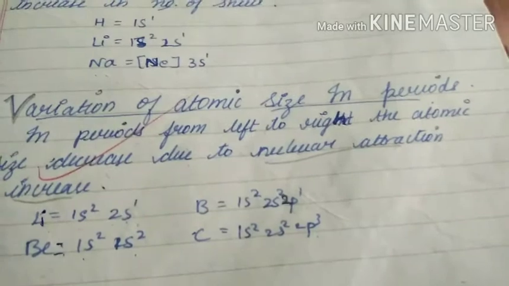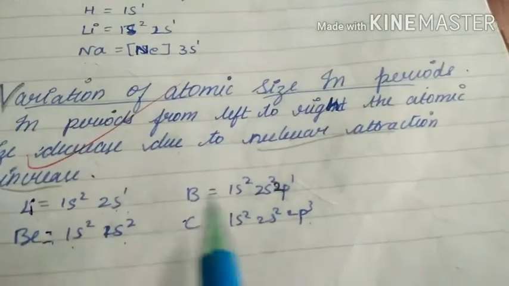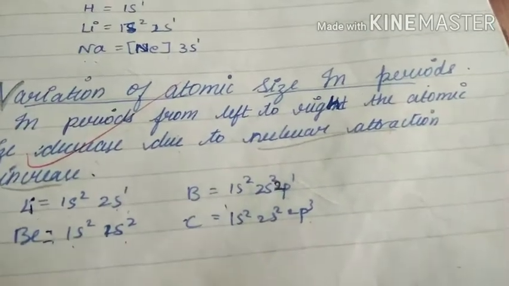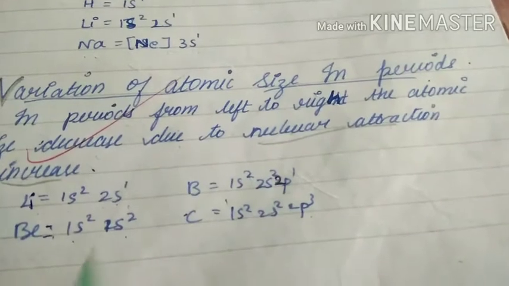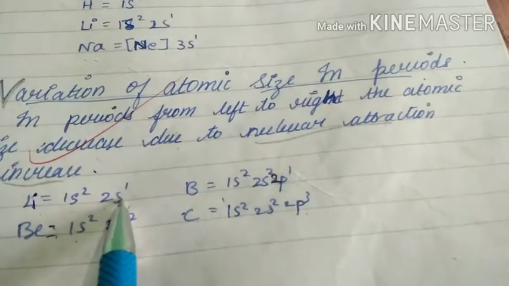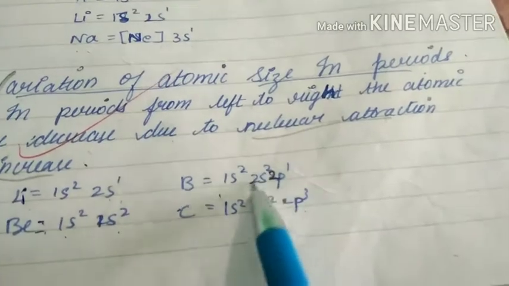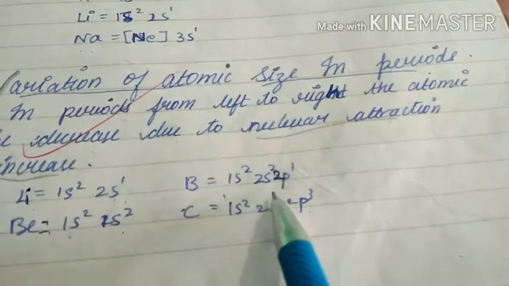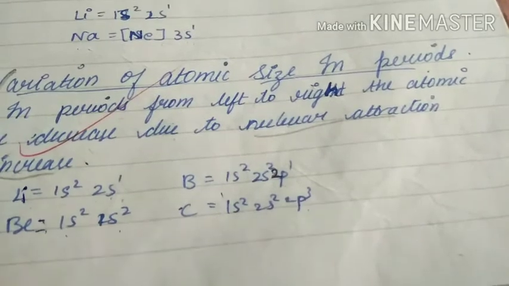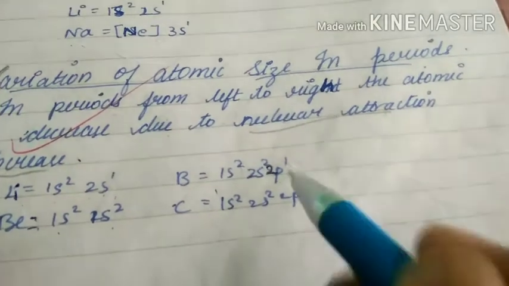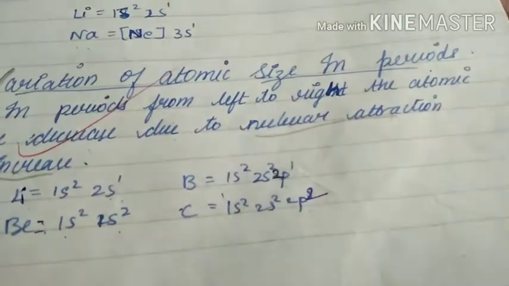So what is the point here? All are present in the same period, all have the same shells, but the number of valence electrons increases. Here one valence electron, here two, here three, here five. Carbon's electronic configuration is 1s2, 2s2, 2p2.